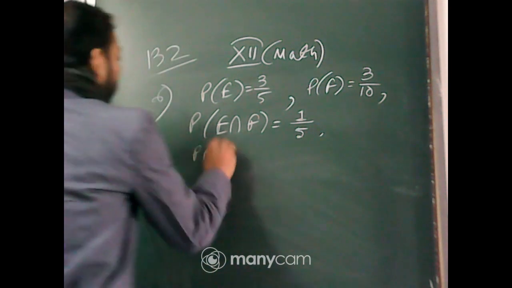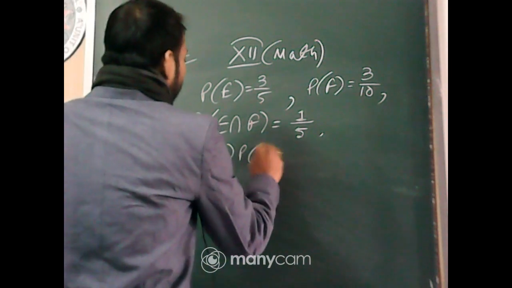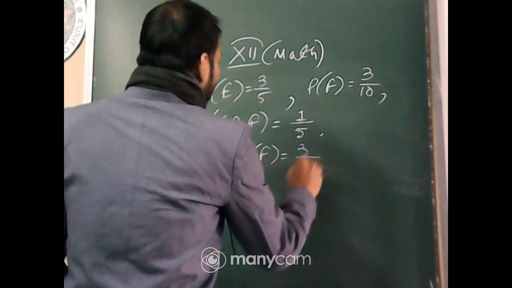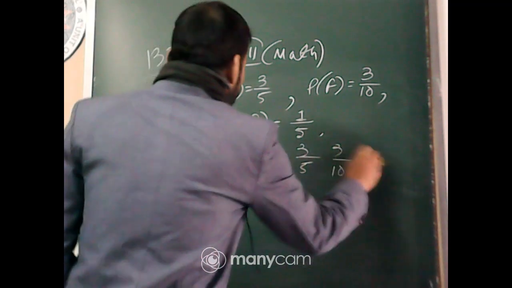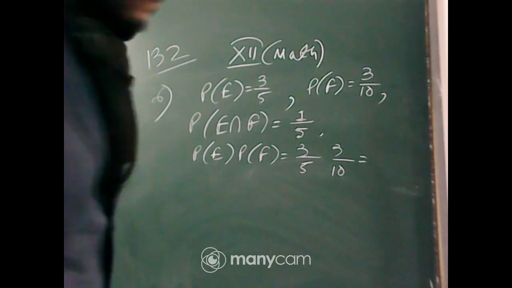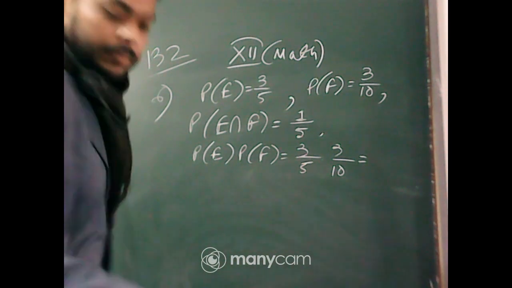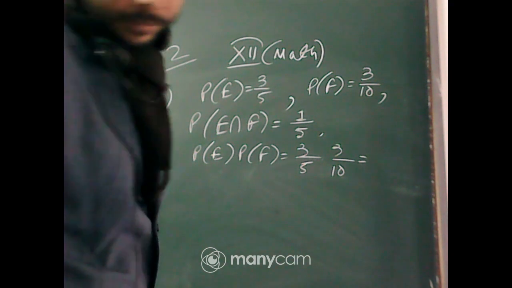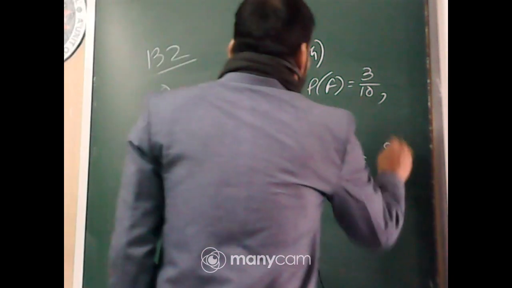So P of E into P of F, that is 3 by 5 into 3 by 10, isn't it? That means 9 by 50.